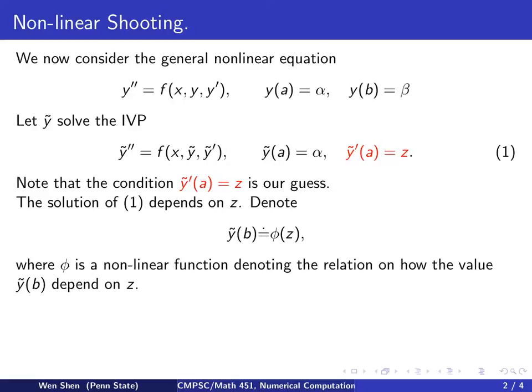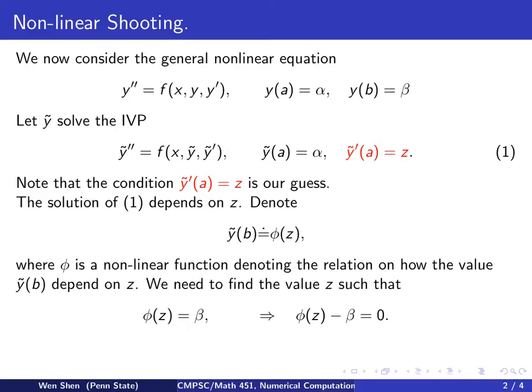In particular, the value at b in my solution y tilde depends on the choice of z I make. So let's denote this relation by a function phi. There is some function phi which is nonlinear such that phi of z will give me the value y tilde at b.